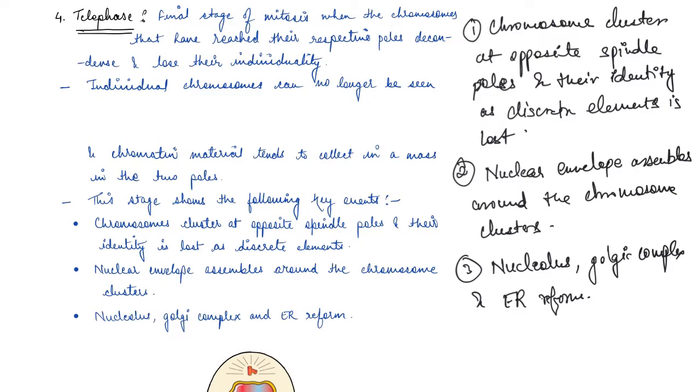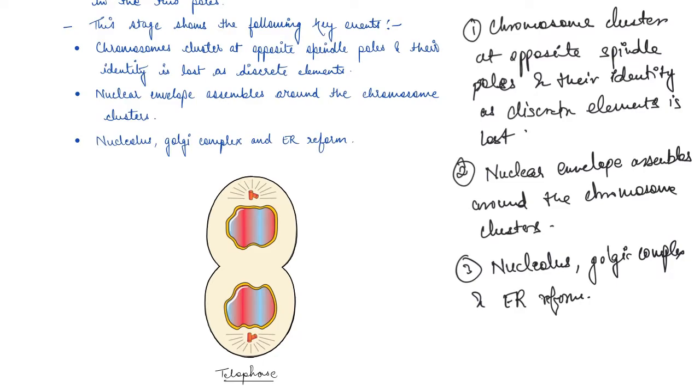If you see the diagram as well, all the chromatids which moved towards the poles decondensed, and after decondensing they joined together to form a chromosome cluster. So this cluster is formed and those individual elements are gone.